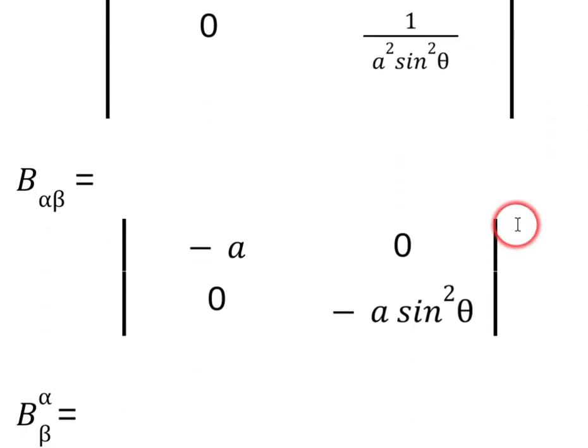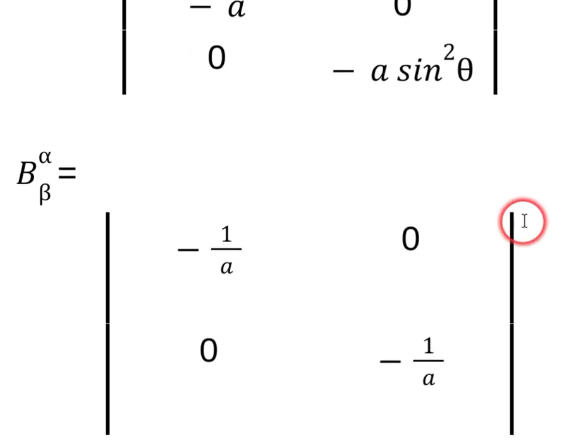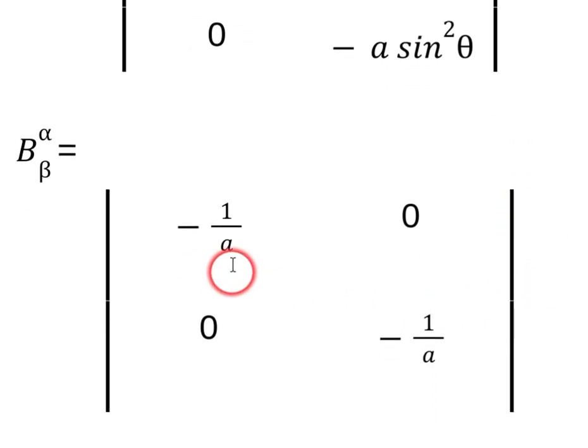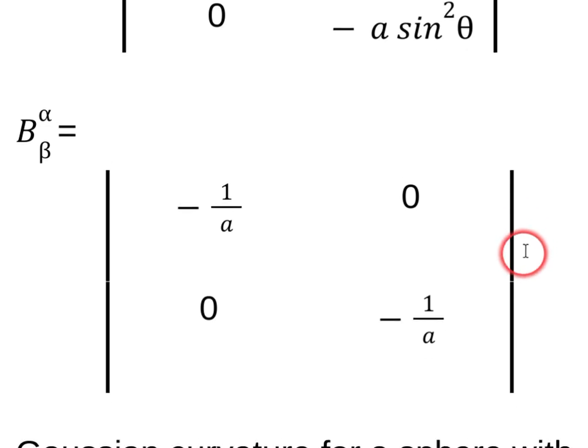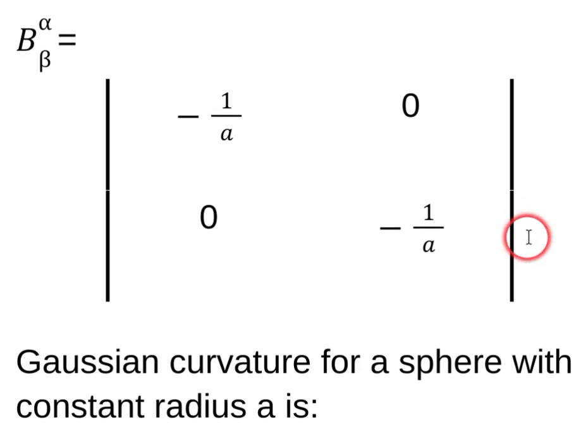We multiply those together and we get this. So these are the components of the Gaussian Curvature Tensor.